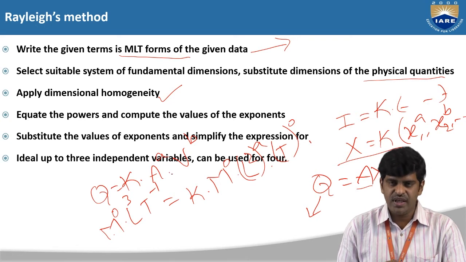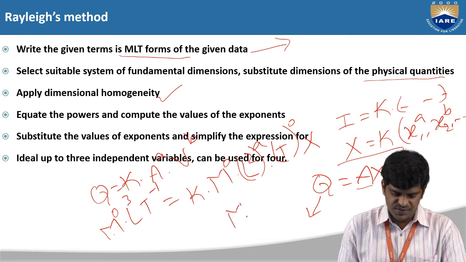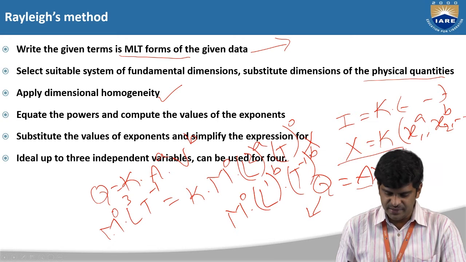Into what is V? Again meters per second. So again I am going to write down meters per second is like M to the power of 0, L to the power of 1, T to the power of -1, again whole to the power of b.